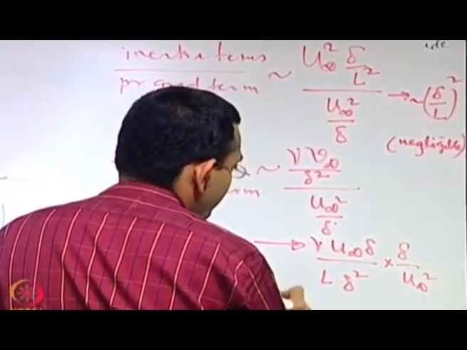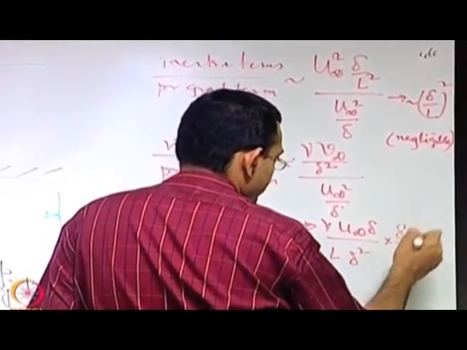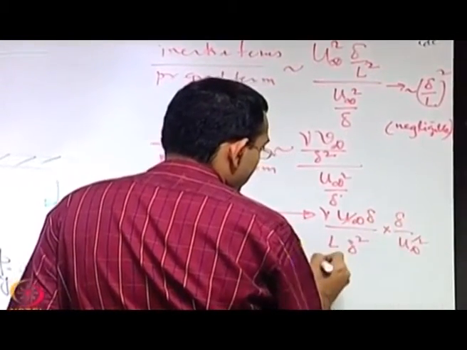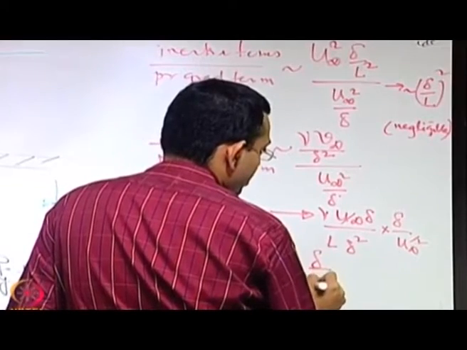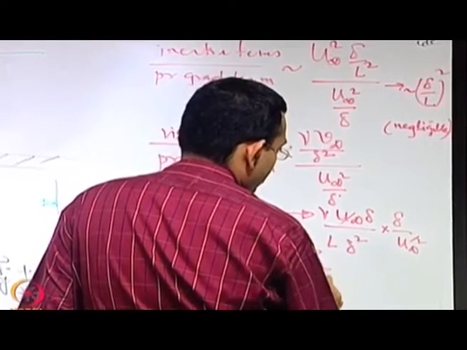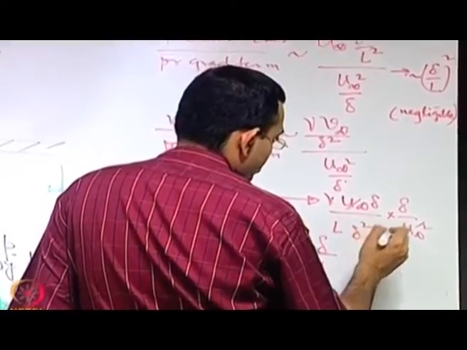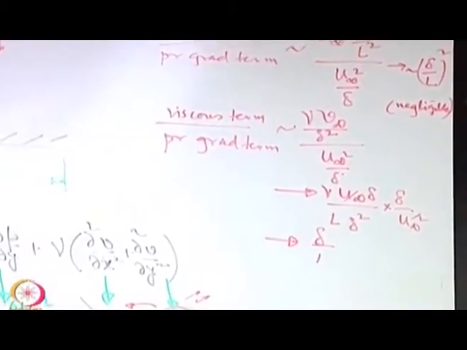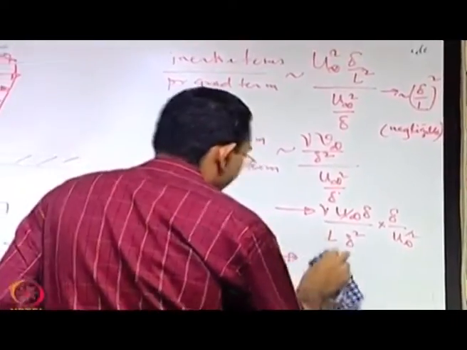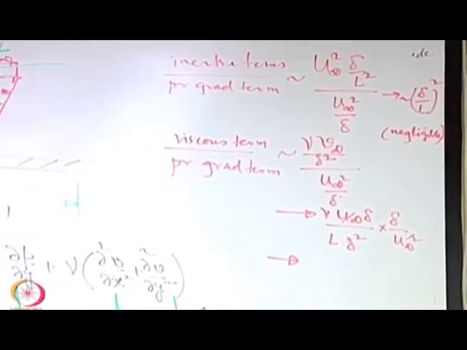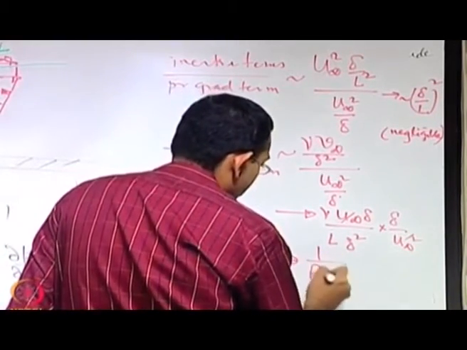So that becomes delta by... delta is gone, 1 by Reynolds number, right. So 1 by Re_L.